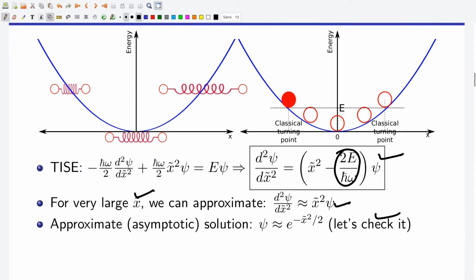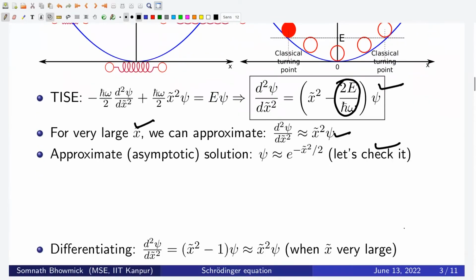Let us check this. If psi is this, then d psi/dx tilde is equal to e power minus x tilde square divided by 2 times minus x tilde.